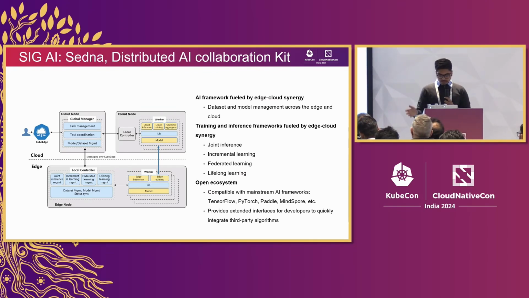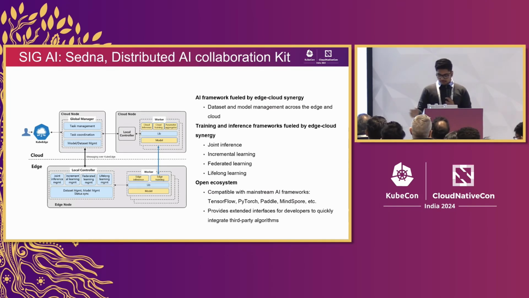But the idea with joint inference is that we will have a lightweight or shallow model at the edge, and we will have another, deep model at the cloud. If there is a request and it can be processed locally, by inferring the data locally, then it would be done, reducing the latency, and if not, then it will go to the cloud.